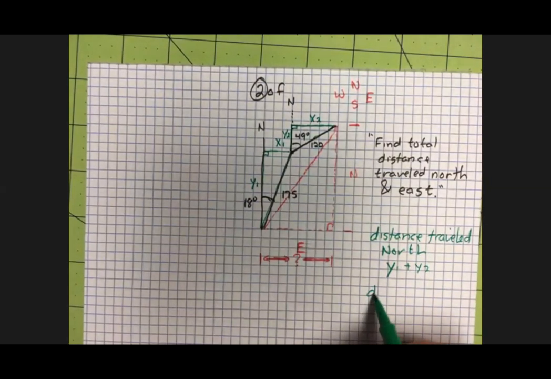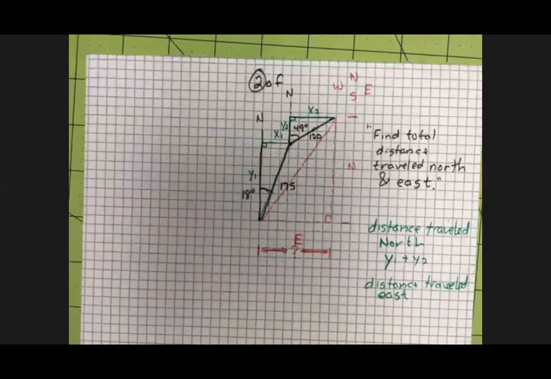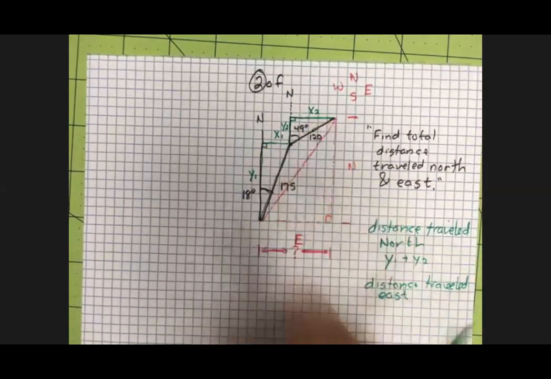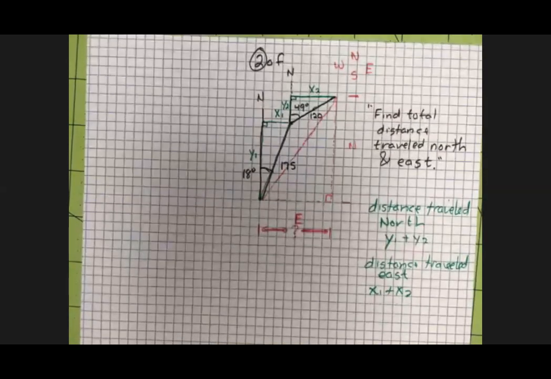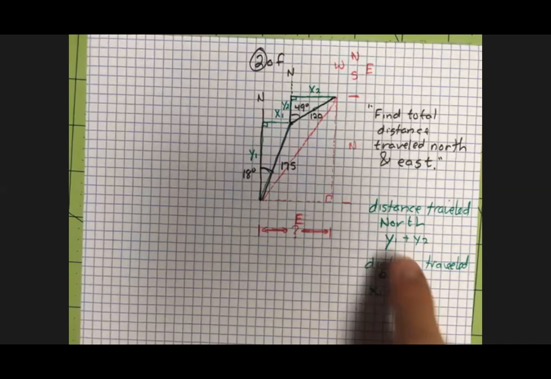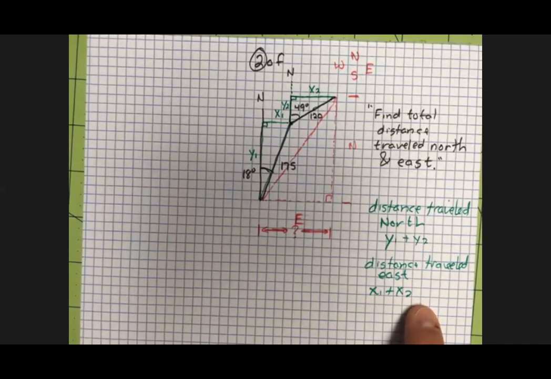And the distance traveled east will be x1 plus x2. So now my mission is to find y1, y2, x1, x2.